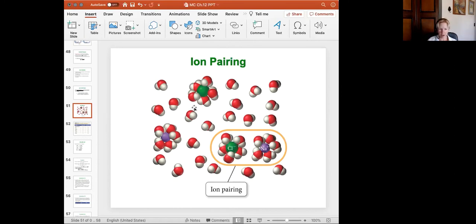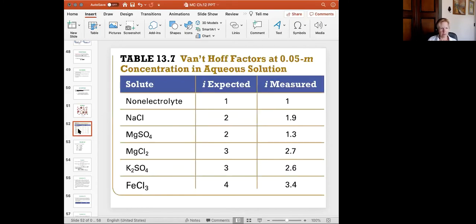The more ions you have in solution, so the greater the molarity or the molality of your solution, the more opportunity you have for these ion pairings to happen. If you were to look at, say, let's just define a solution like 0.05 molality here, a non-electrolyte is still going to be 1 because it hasn't broken up into particles.